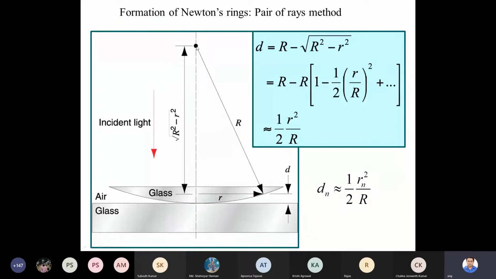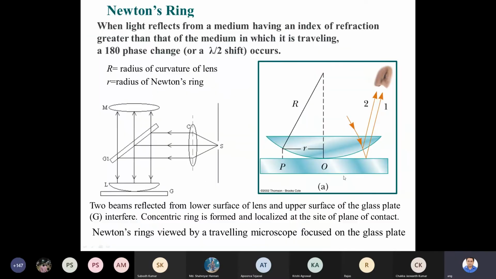So this point we are considering as the radius of curvature of this convex lens, and this small r is at a particular point from this O. Just look at this point.